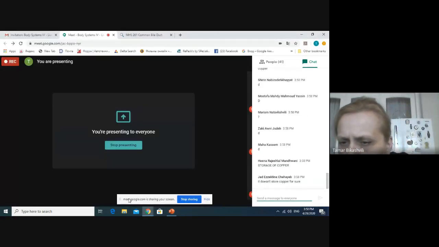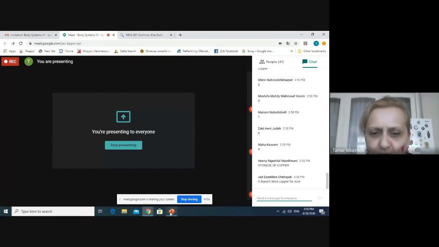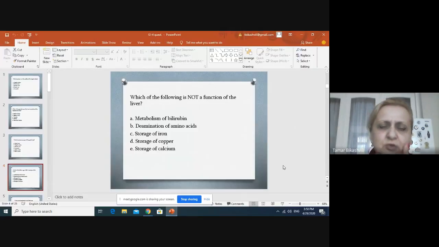Storage of copper is not the correct answer; you have to find the correct answer.